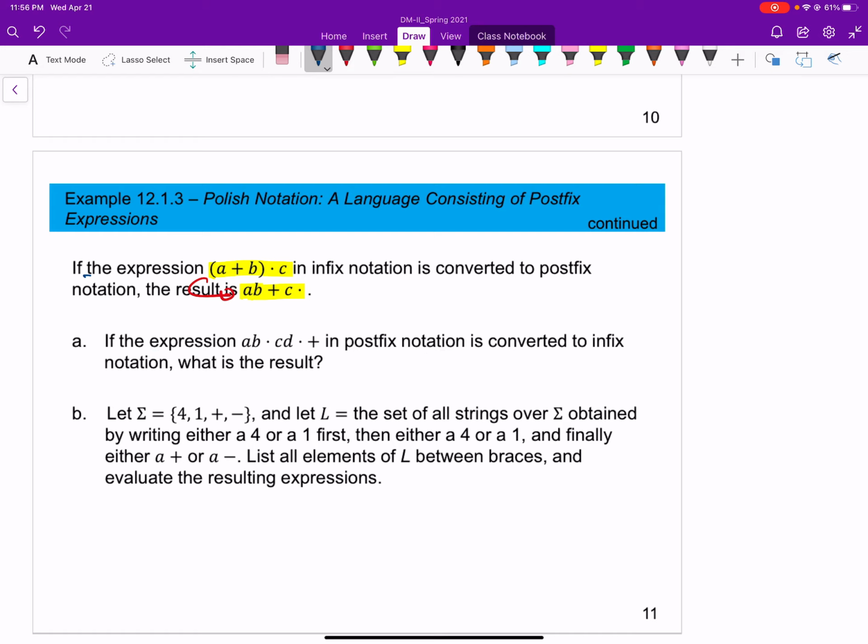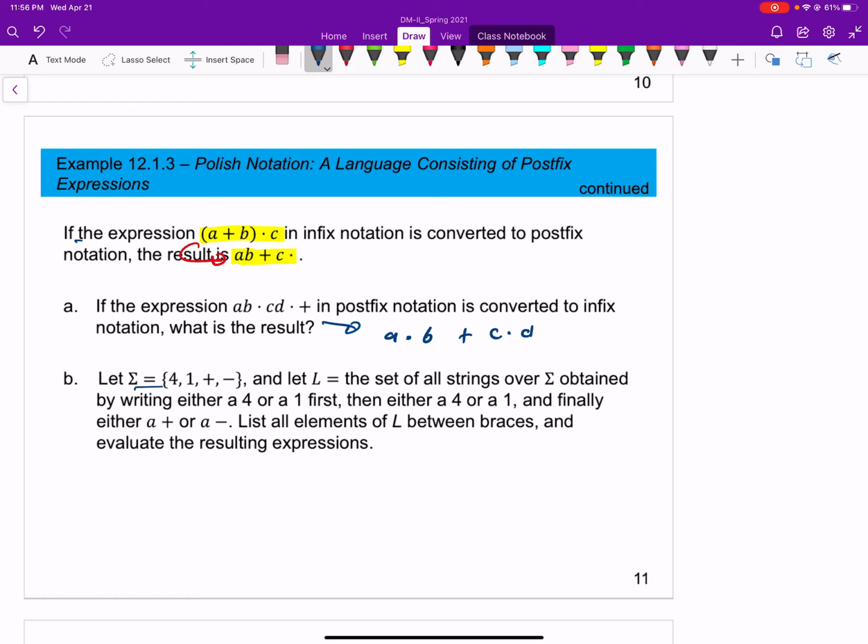This can be written down as A times B, you could put parentheses, and C times D, and then in between there should be the plus sign. If you need, you can just forget about these parentheses because they are not important. So this is the infix notation of the given postfix notation.